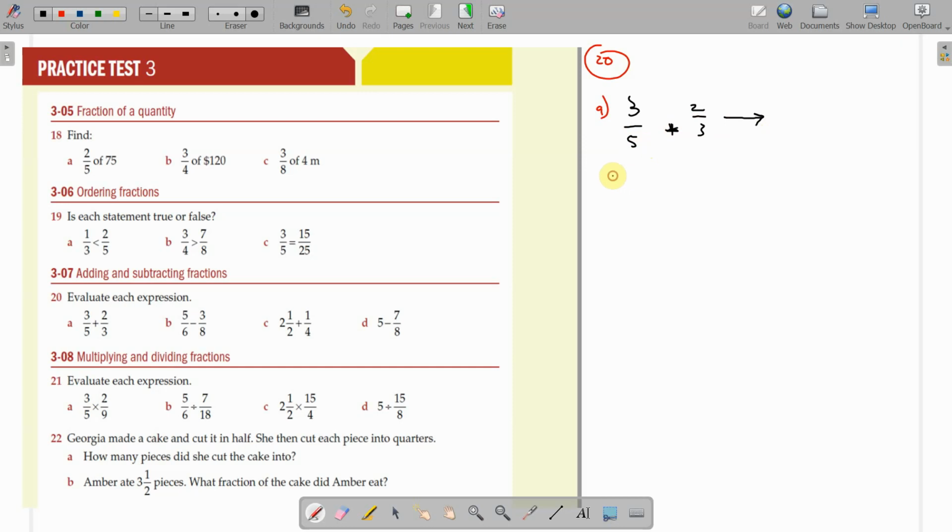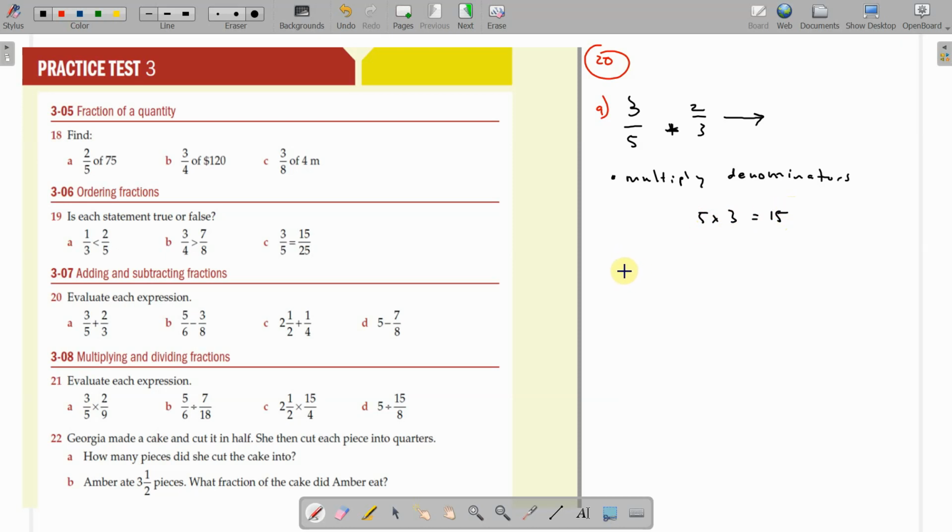Multiply the denominators. Five times 3, 15. That gives us a new denominator.